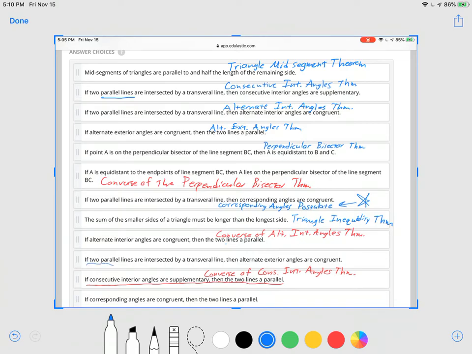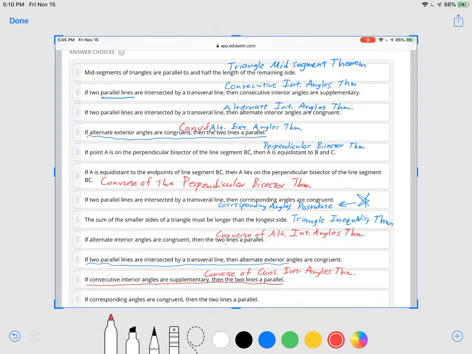This one down here, if two parallel lines are intersected by a transversal line, then alternate exterior angles are congruent. Oh, that's what happened. I messed this one up at the top. So this one's actually the converse. Whoops. So this is the converse of the alternate exterior angles theorem.